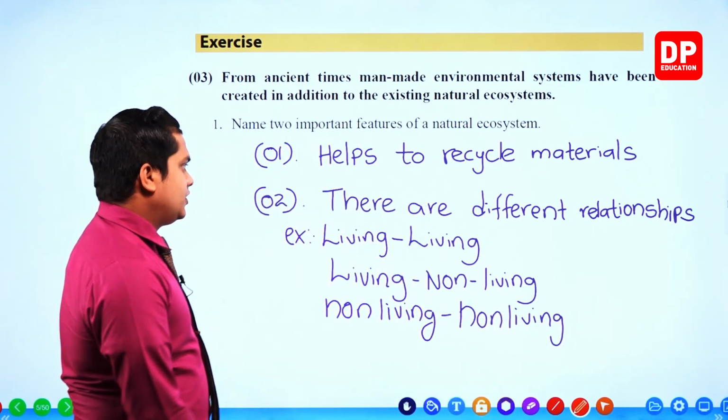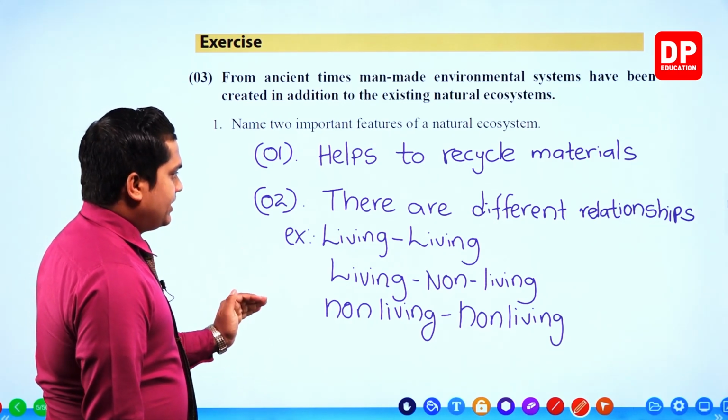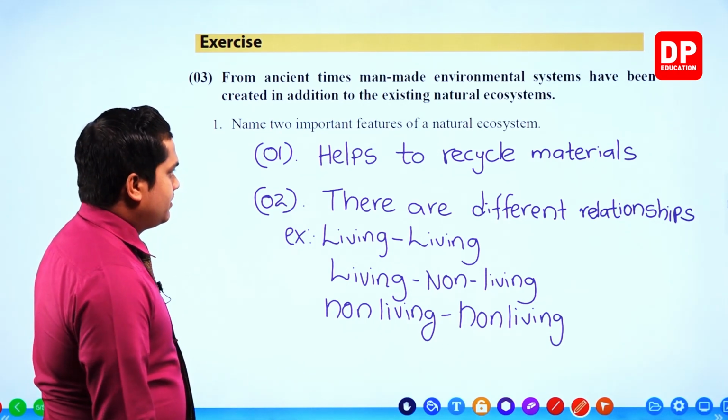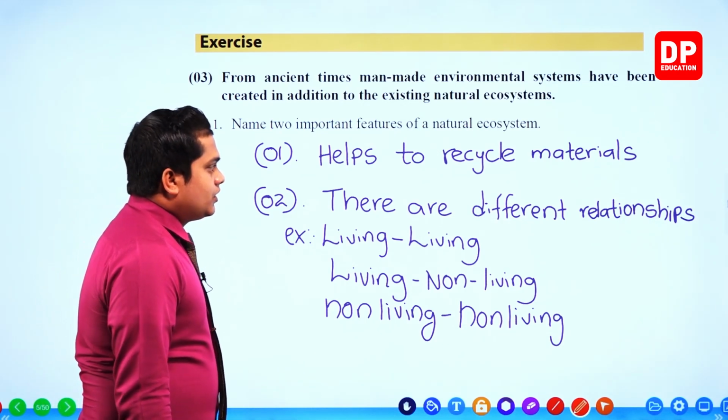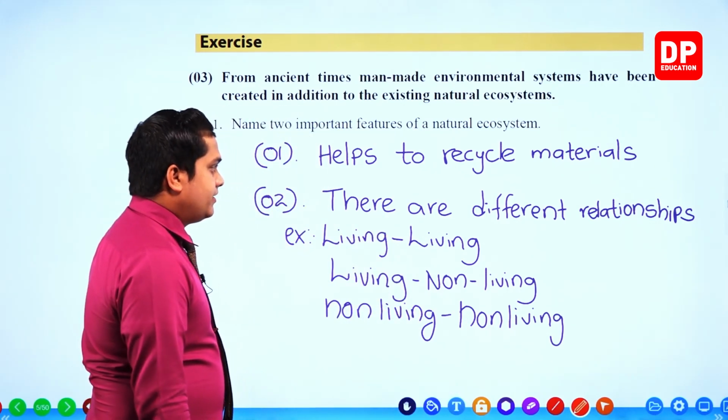So there are different relationships like living-living, living-non-living, and non-living-non-living. So you should write down 2 features. So we have written 2 features.